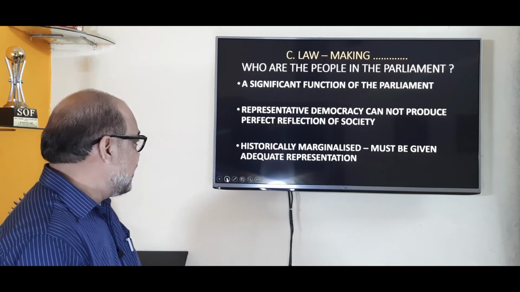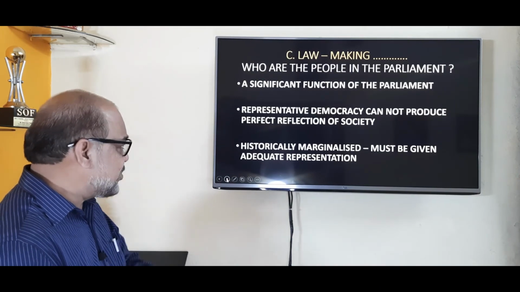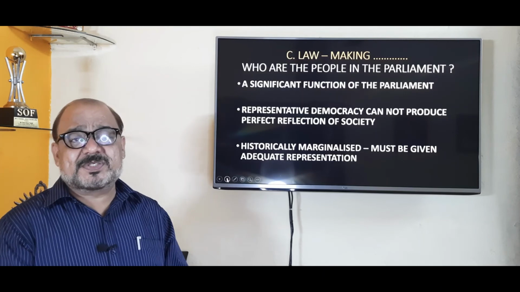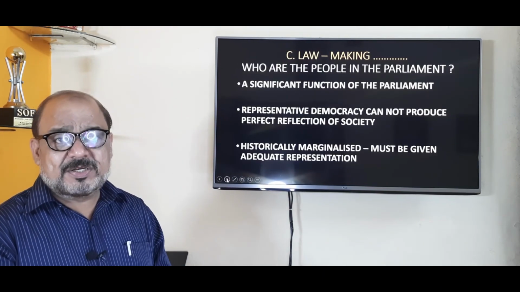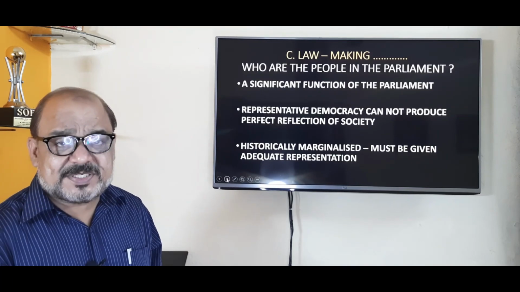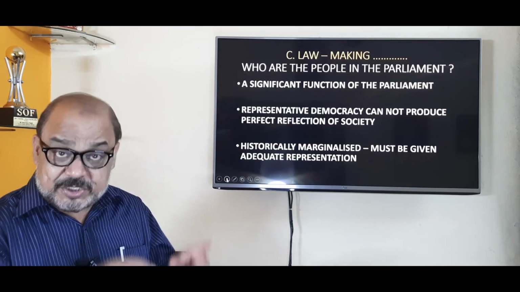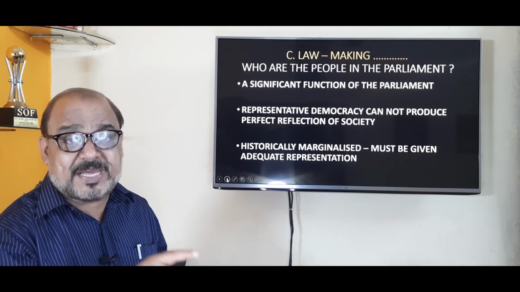Number 3, historically marginalized people must be given adequate representation. And for that purpose, in our parliamentary form of democracy we do have reserved seats for scheduled caste and scheduled tribes to give them adequate representation in law making.